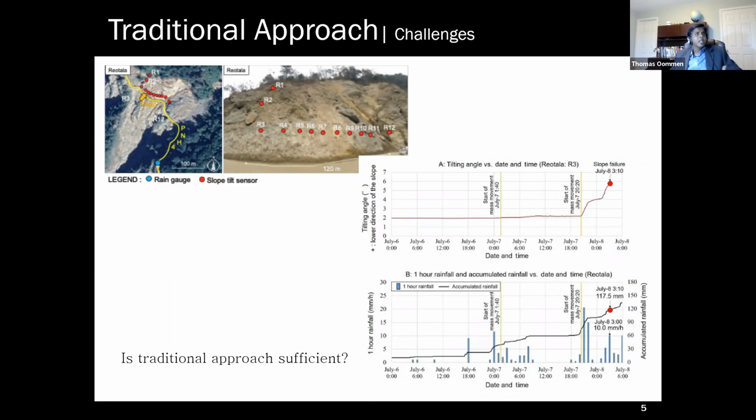It works very well. We can utilize it for an area where we know that it is vulnerable. But when you have large areas to monitor, the traditional approach of using these slope tilt sensors or in situ measurements are challenging or almost impossible.